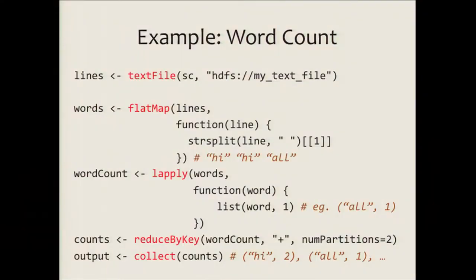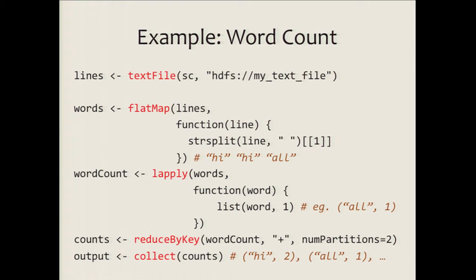The next step is, of course, the reduce by key function. What it does is that it takes this word count RDD, which is a list of key value pairs, and looks at all the keys and groups by the same word. Then the second argument here, which is a native R plus operation, simply sums up all the ones in the value field.